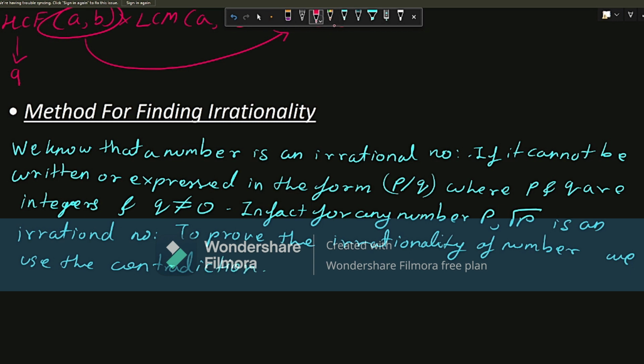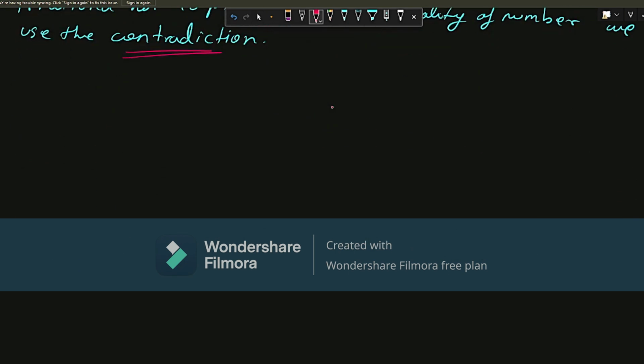Now this contradiction method is really important. This is the contradiction method. You need to write it in your answers as well, through the contradiction method. So now let's solve an example, because by solving an example you will understand better.